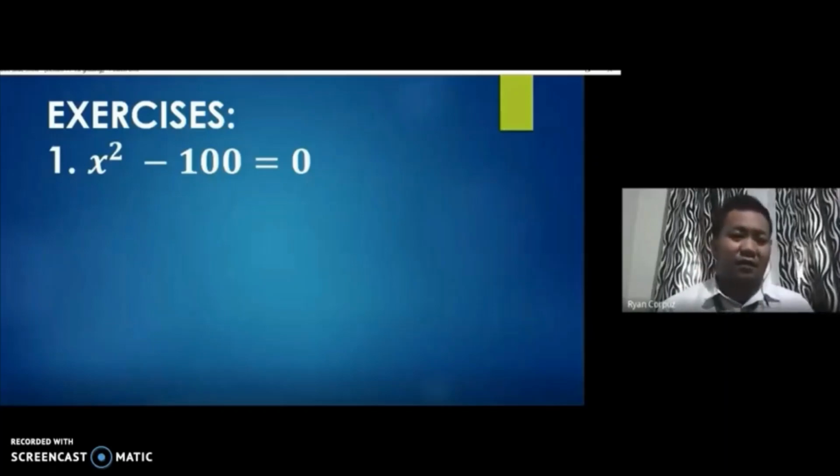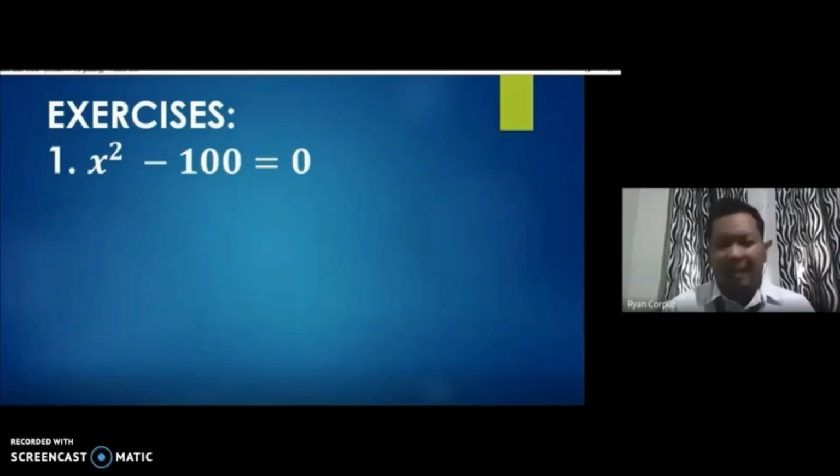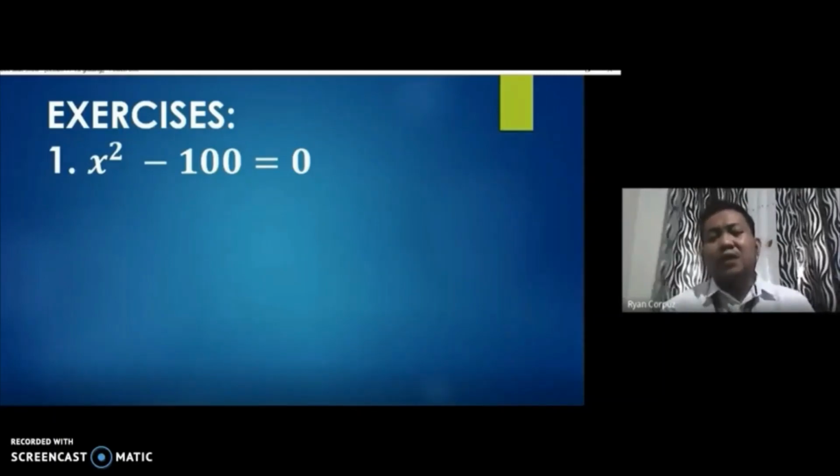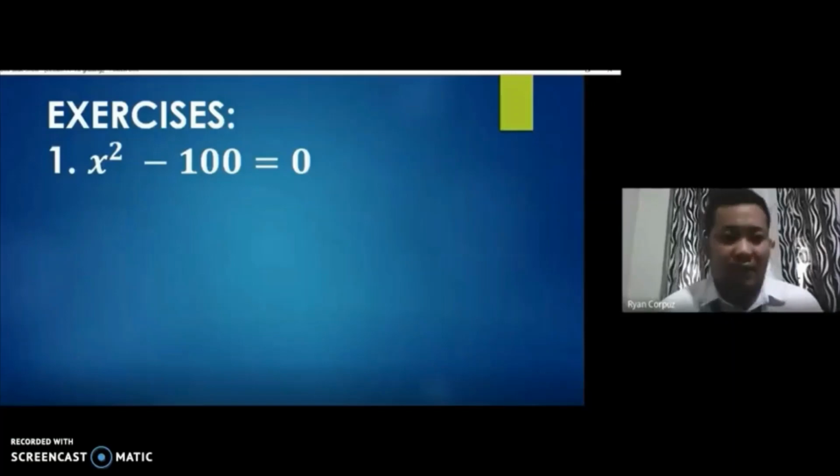So if the given equation is like that, I guess the easiest way that we can solve the given quadratic equation is by using a method which is what we call solving quadratic equation by extracting the roots. So what's the first thing we're going to do?